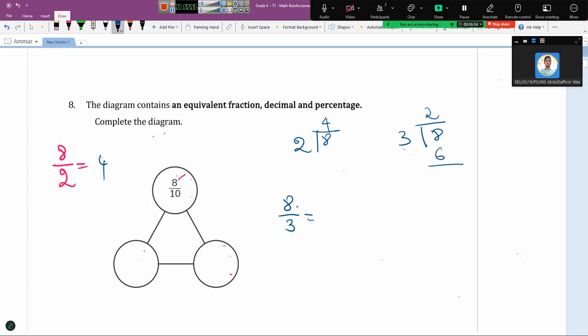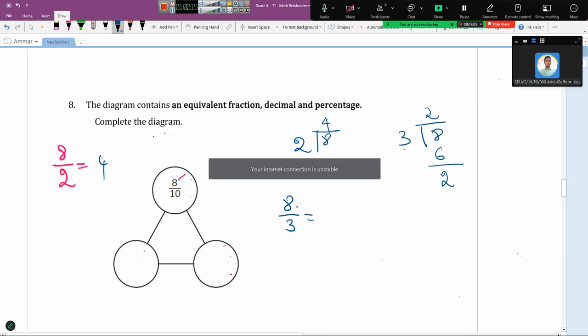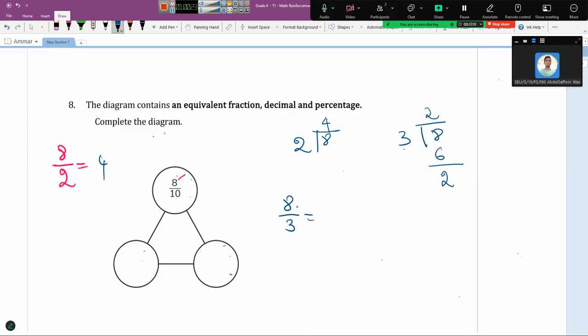And what's the remainder? 8 minus 6 is 2, right? So you know how to perform this long division. What's the remainder? 2.